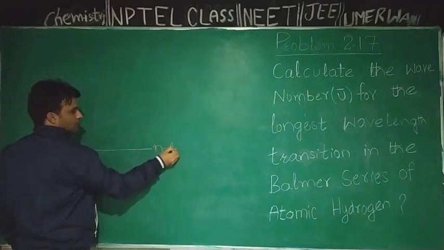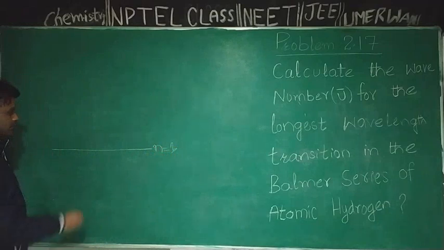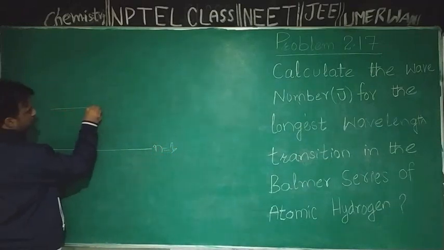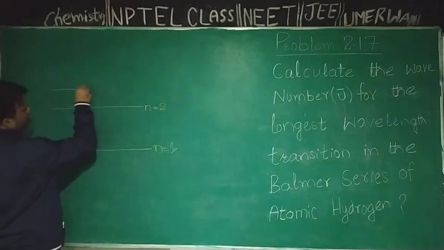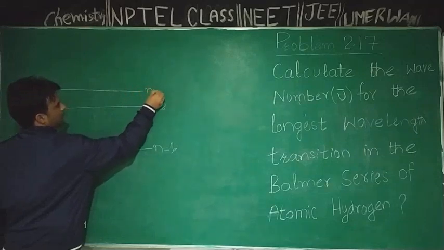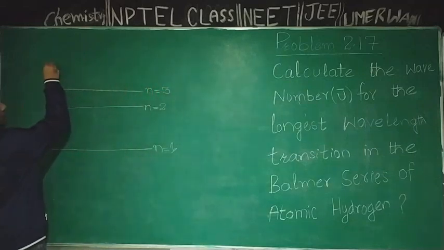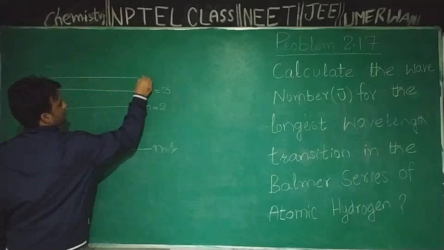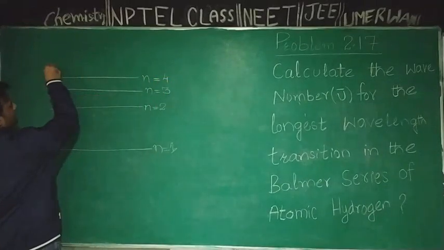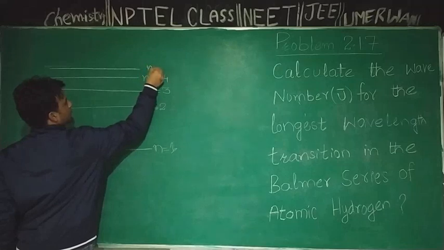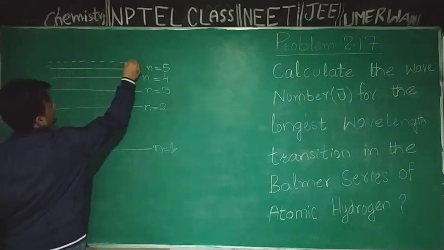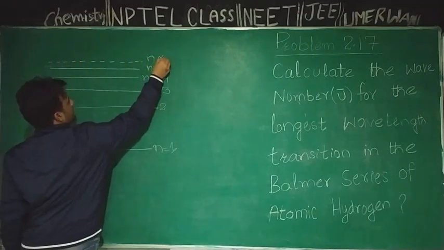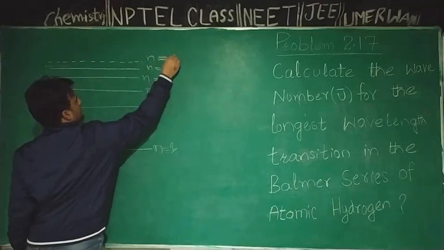Suppose this is the first energy level, first orbit, this is the second orbit, this is the third orbit, this is the fourth orbit, this is the fifth orbit, and let us imagine this is the orbit at infinity.